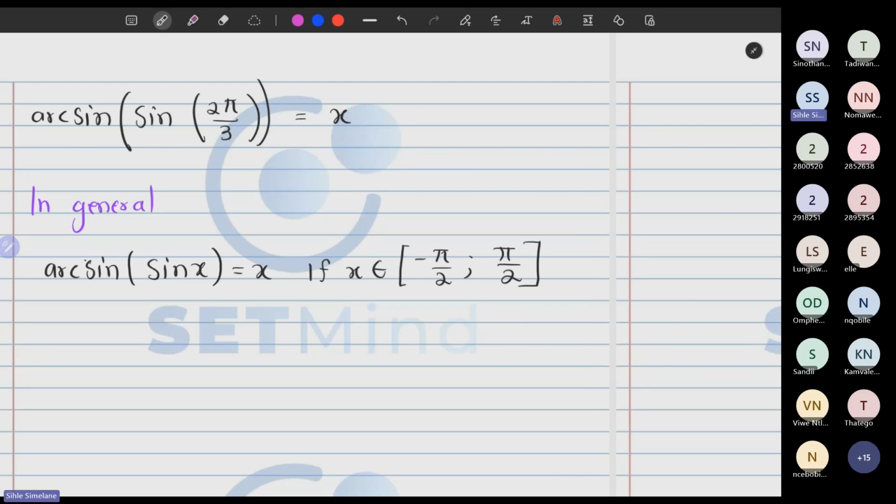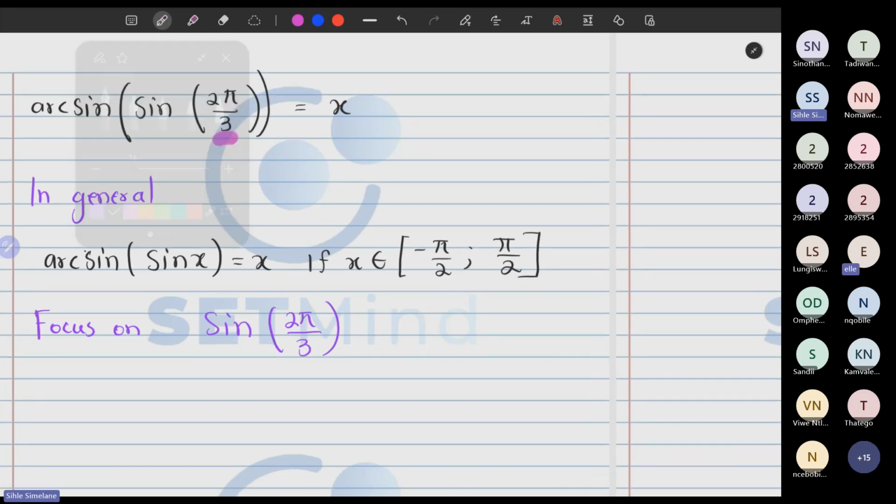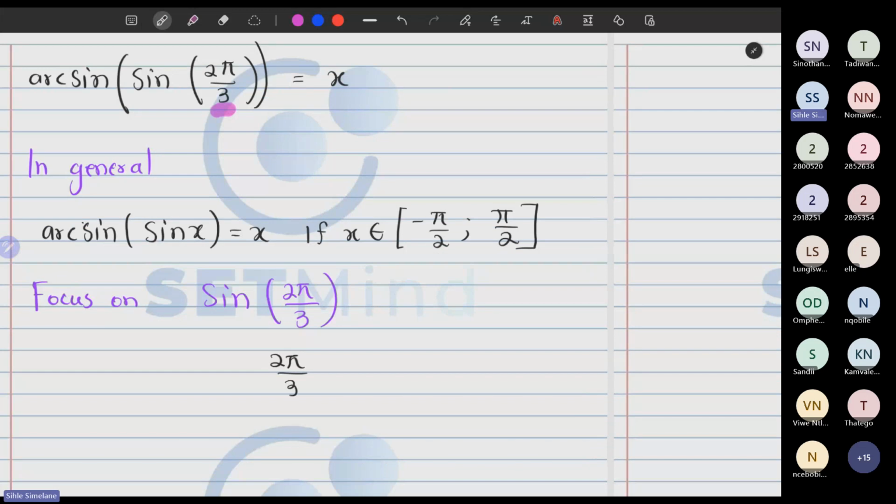What I want to bring to attention is that this holds only if that is between the bounds. The question I should be asking you is: is 2 pi over 3, let's focus on the inner part so that we get this right, where we have sine of 2 pi over 3, less than pi over 2 but greater than negative pi over 2?